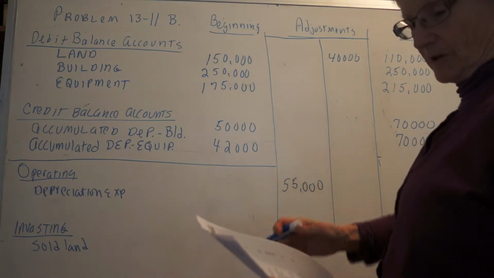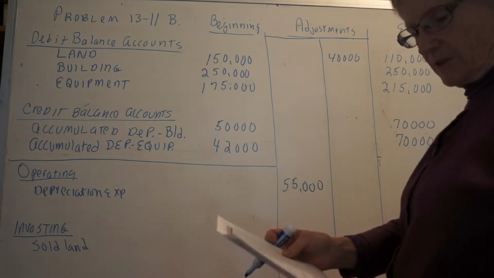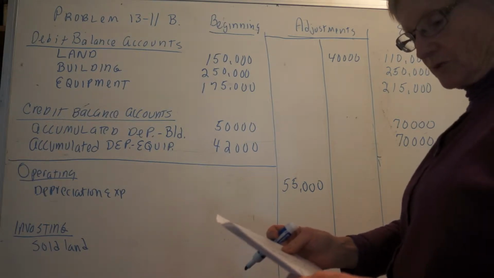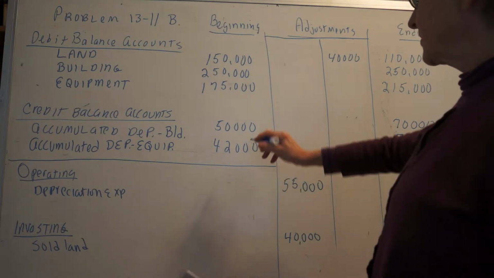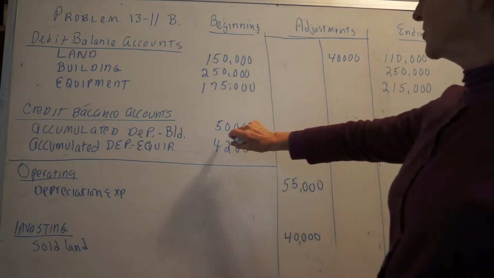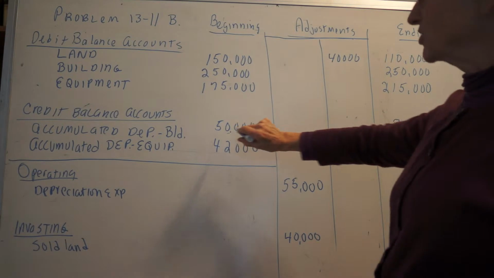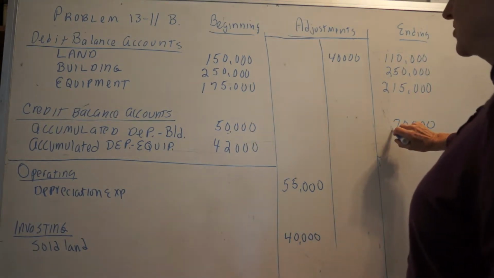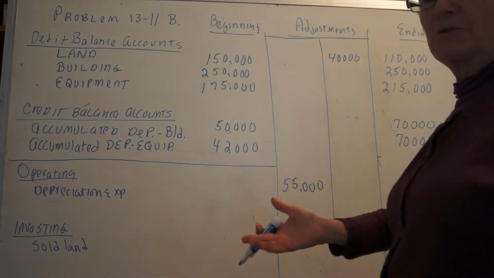And so we have to figure out how much is each. So we have to look a little bit further down here, and it says we sold some equipment and some additional equipment was purchased, but nothing happened to the building. The building stayed the same. So we know that any change from the beginning accumulated depreciation to the ending on the building all goes with the building because nothing was sold.